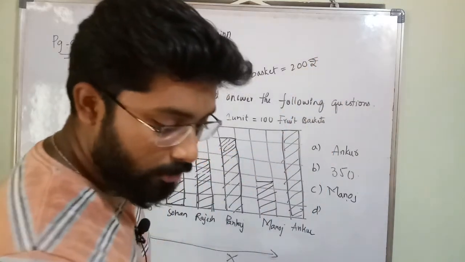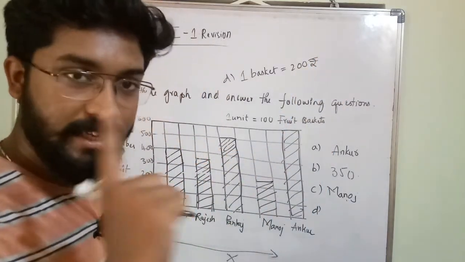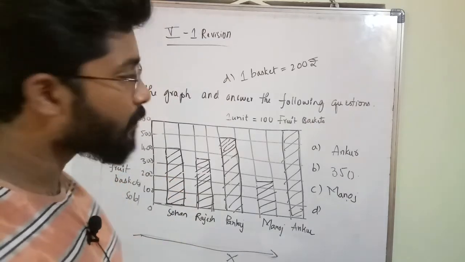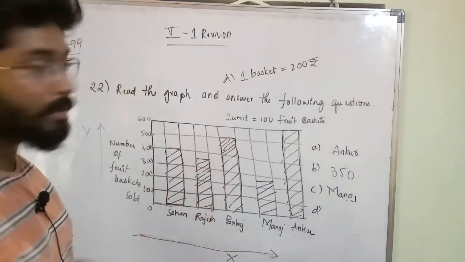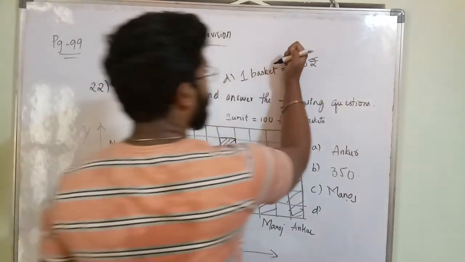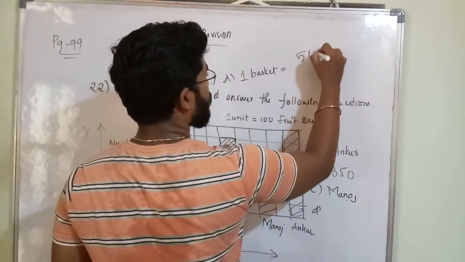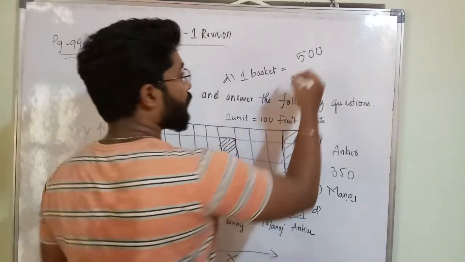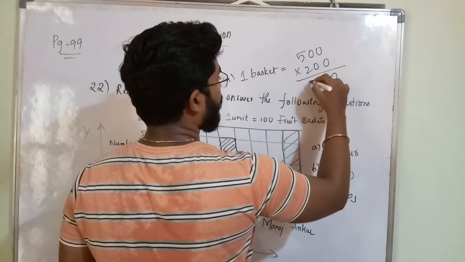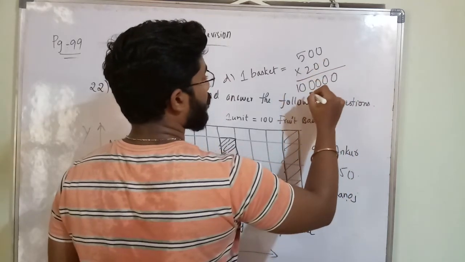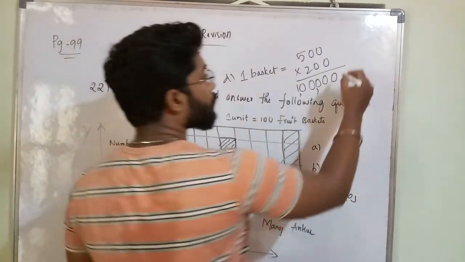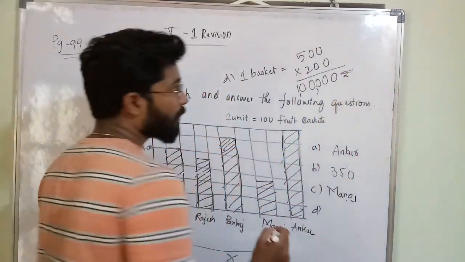What amount did Pankaj get if he sold each basket, means one basket, if he sold for 200 rupees, how much money he would have got? Okay. So Pankaj sold how many? 500. 500 baskets he sold, and each basket is of 200 rupees. So what is the answer? 5 tens are 50... he may got how much? 1 lakh rupees. Okay, he may got 1 lakh rupees.